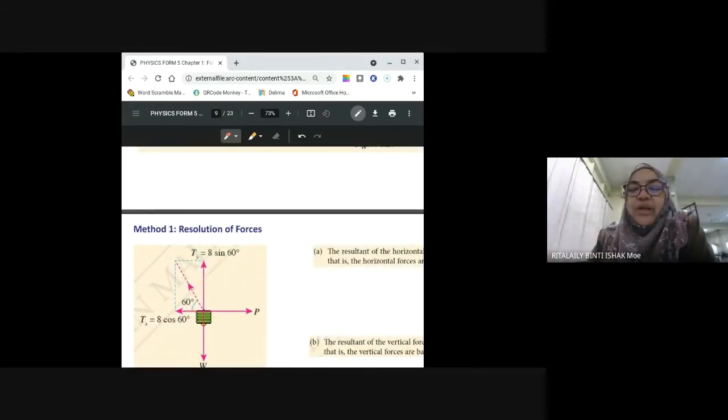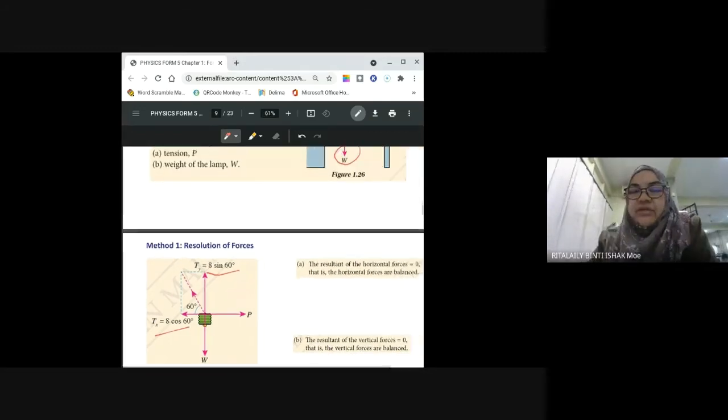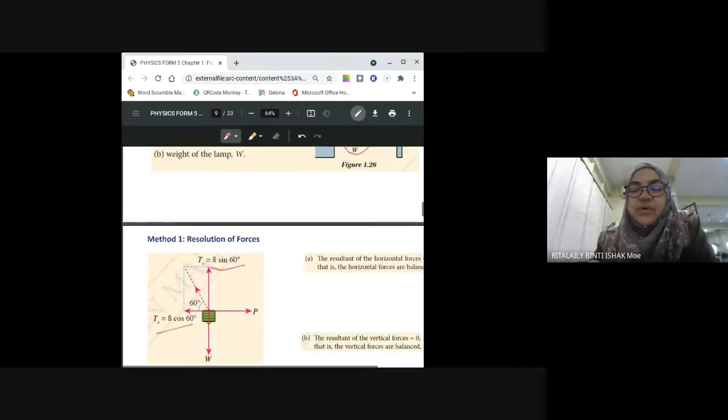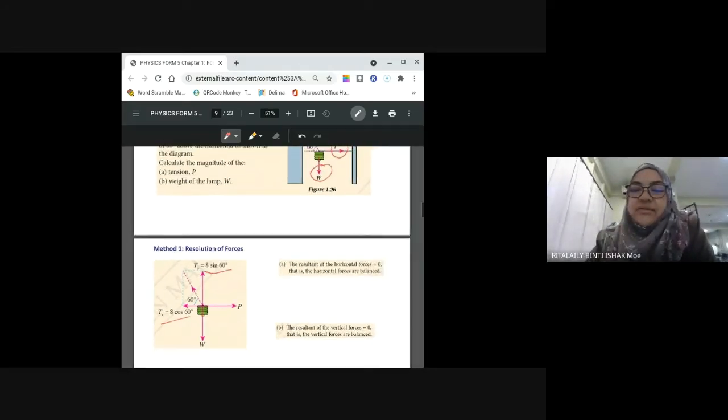So we can resolve T into 2 components. One is vertical, the other one is horizontal. Okay, by using sine and cos, we can calculate the force. Okay, so is T given? Tension T is 8. So 8 sine 60 and Tx is 8 cos 60.